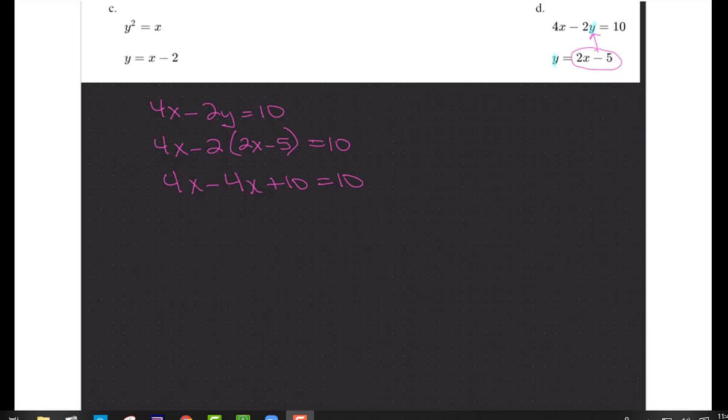And what are you going to get? What's 4x minus 4x? Would it just be 0? 0. So what are we left with? 10 equals 10. Is that true? Yeah. Is it always true? Yes. Yep. So guess what they gave us? They gave us the same exact line written 2 different ways.